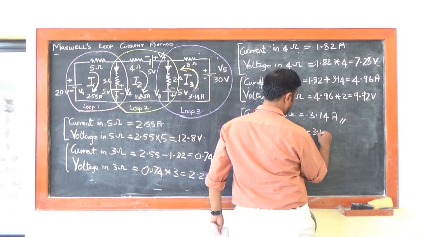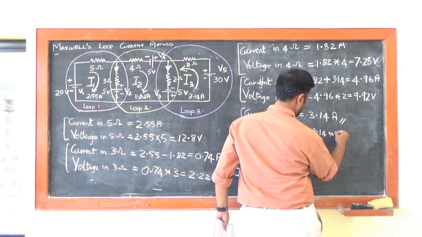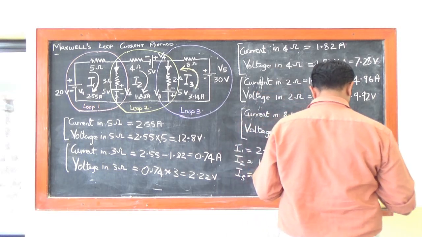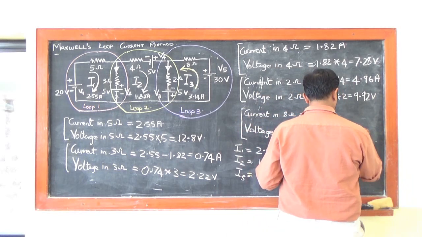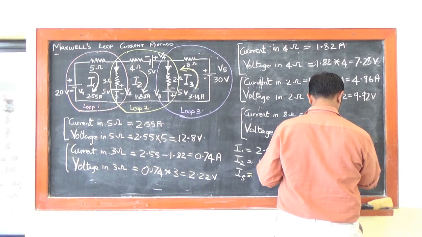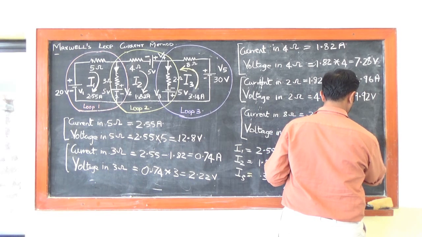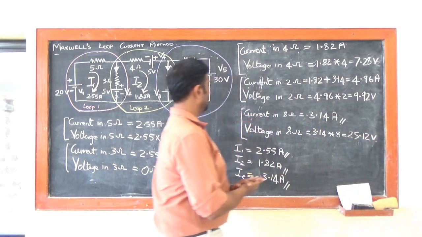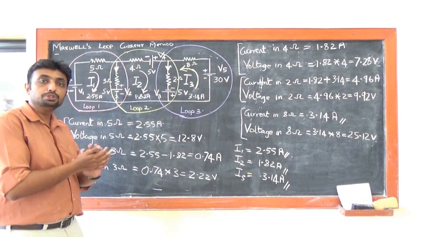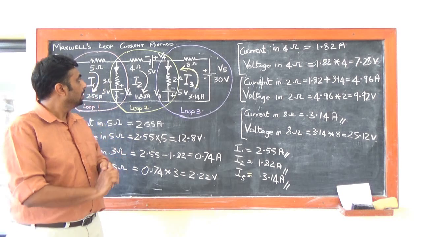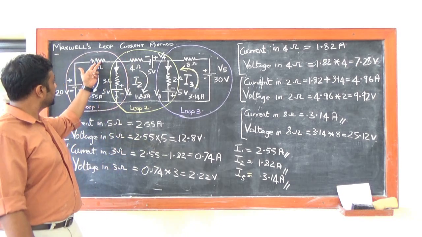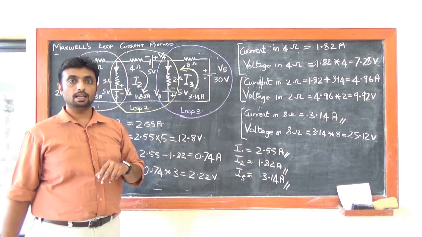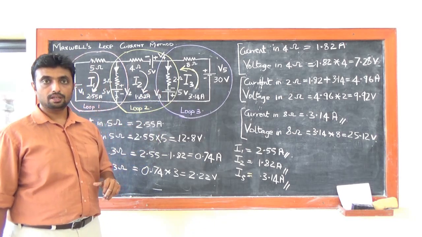So 3.14 into 8, which gives us a value of 25.12 volts. So in this way, using Maxwell's loop current method, we can find out the voltage and current of each and every resistor in an effective way.